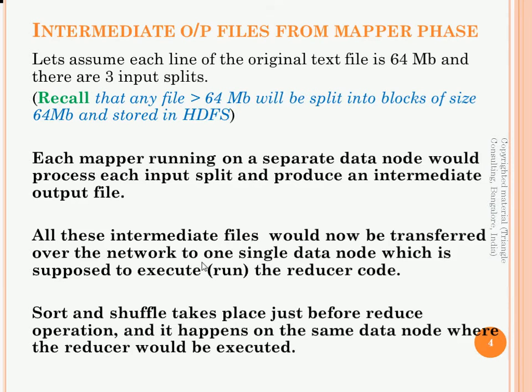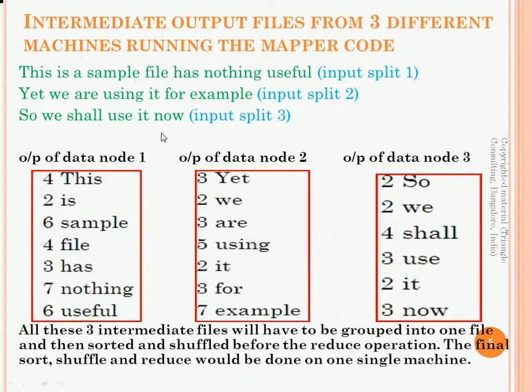So in this example, say we have 100 nodes in our cluster, and data node 1, data node 2, and data node 3 are the ones having the input splits, and the mapper code is running on these data nodes. The result of executing the mapper code on input split 1 on data node 1 produces this output, where I'm pointing right now, the red box on the extreme left.